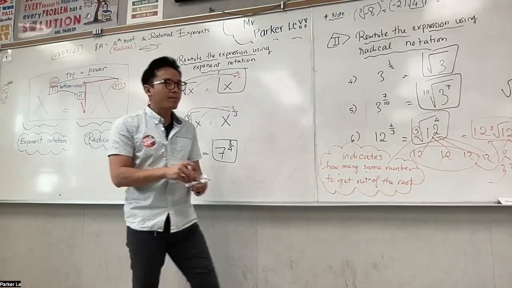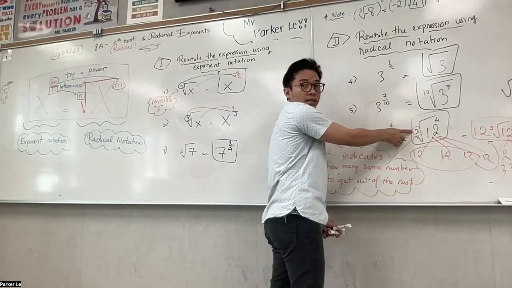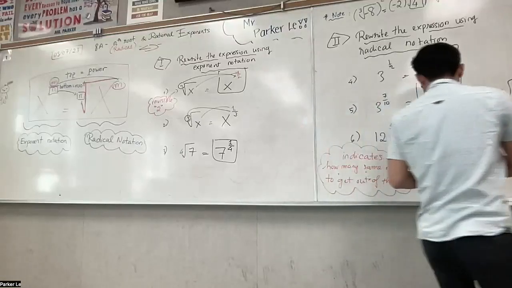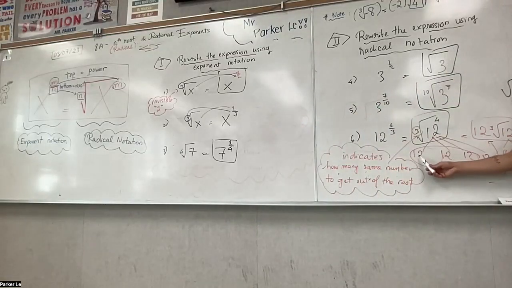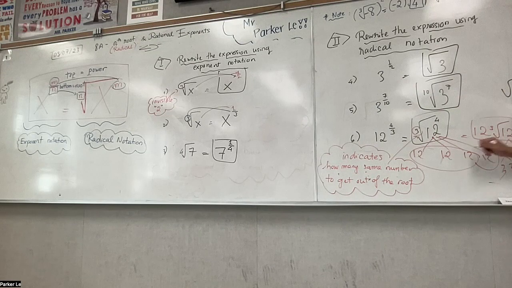So how many same numbers do you need to get out of the root? 3, right? So I count 1, 2, 3. I have 3 numbers of 12, so they can get out of the root. That's what I get out of the root. And what do I have left? I have another 12 left inside. So this one stays inside the cube root.